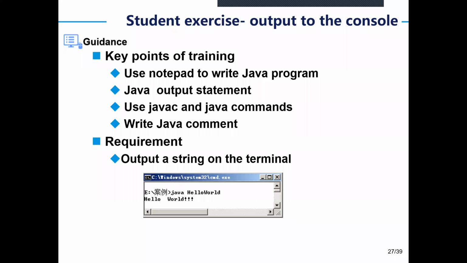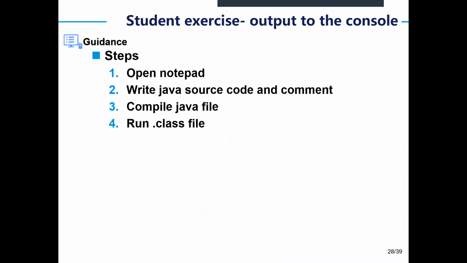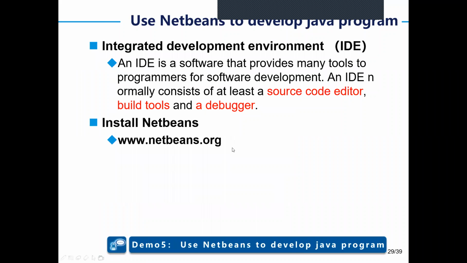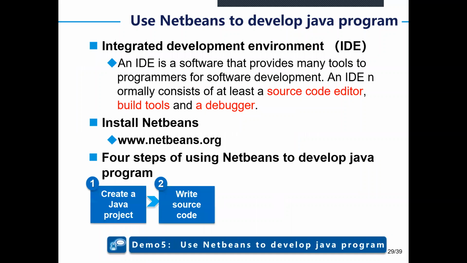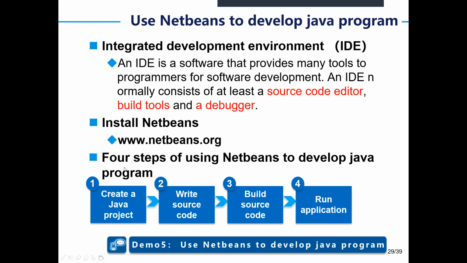This student exercise is the homework of last week. We have to do it. Okay. That means we have learned it. There are 4 steps of using NetBeans to develop a Java program. I will show you again.